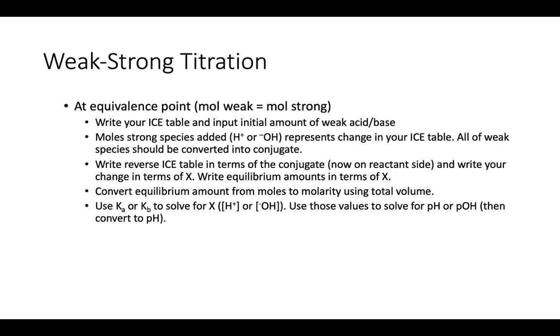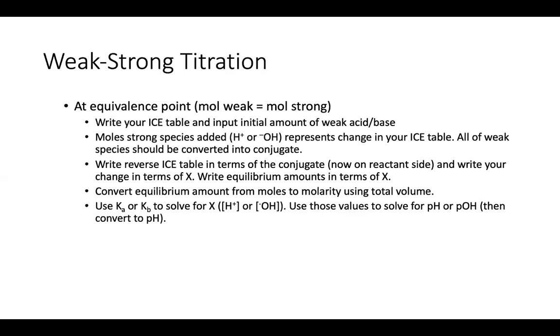Because you have 0 of your starting weak species, in this case weak acid, and you do have some of your conjugate base, whenever you're at the equivalence point, you're actually going to have a reverse ice table. You're going to take that conjugate base from your first ice table, and in this new ice table, write it as a reactant.